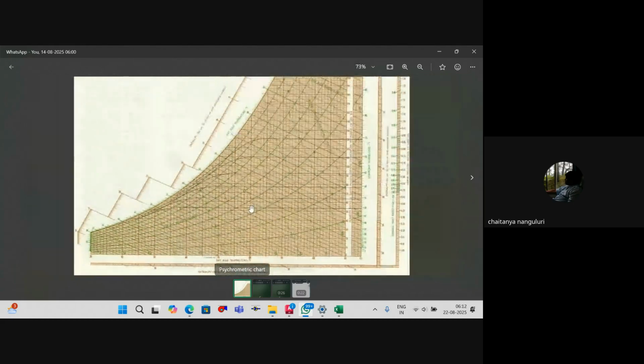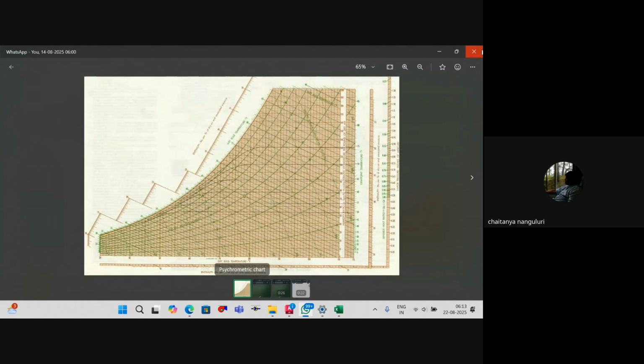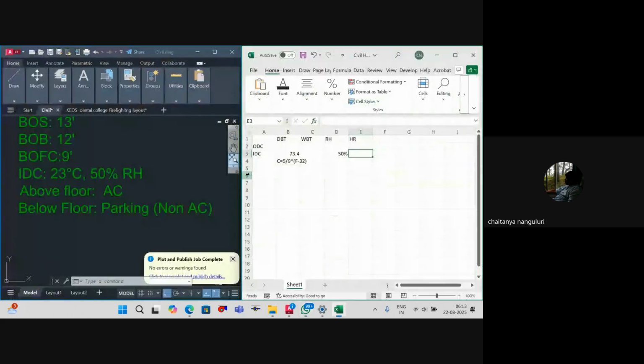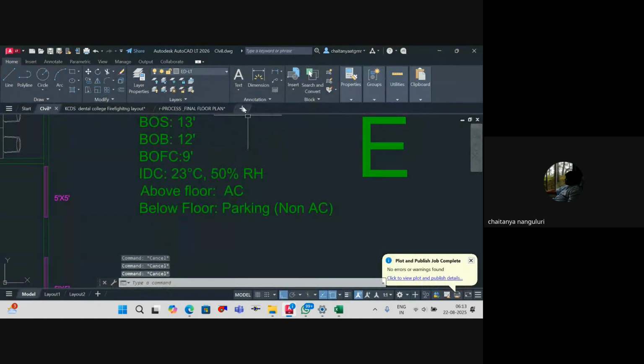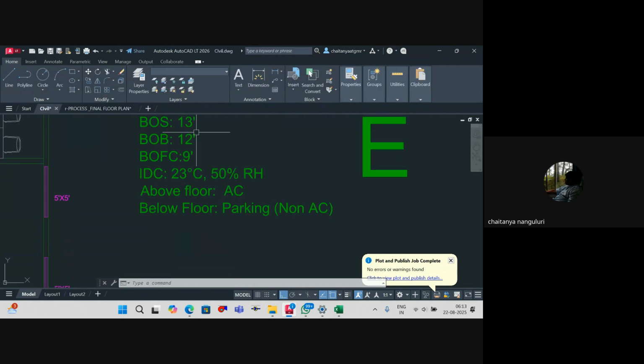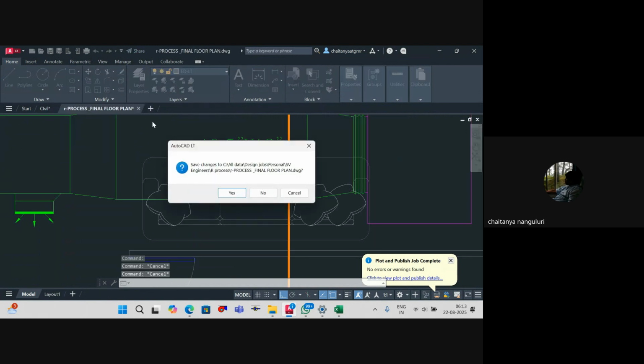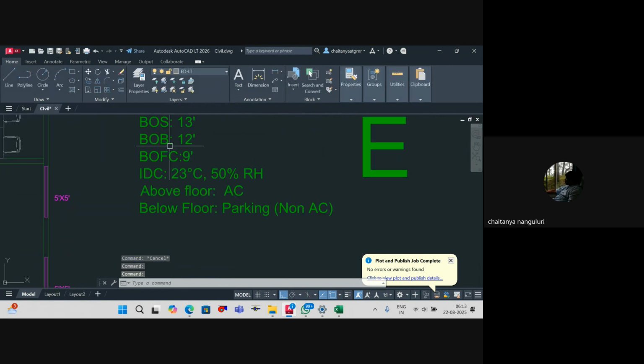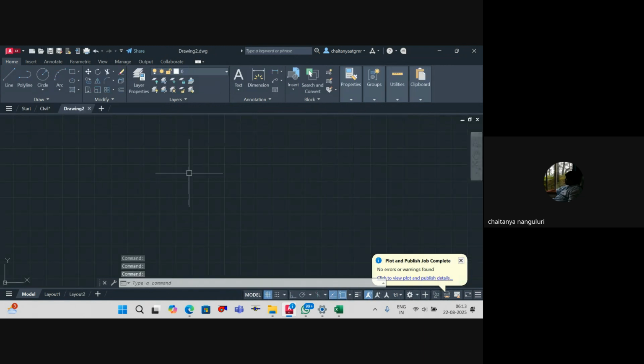So let's calculate it. What we require is this particular chart. I'll open it in MS Paint or AutoCAD so that I'll be able to mark it, if that's okay for you. Just a second. I'll open a new file in which I'll import this one.